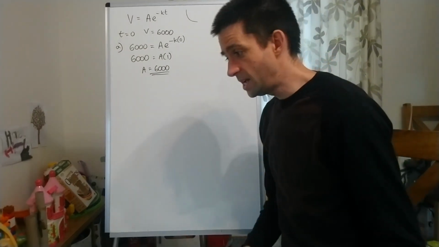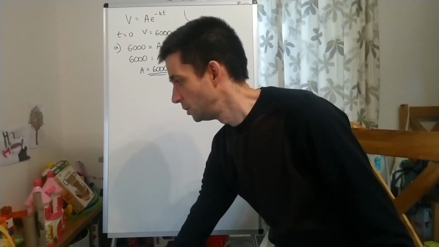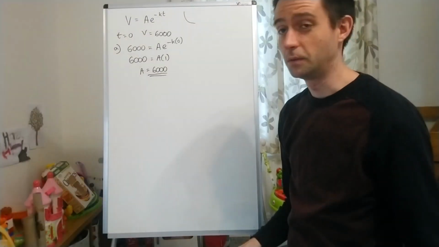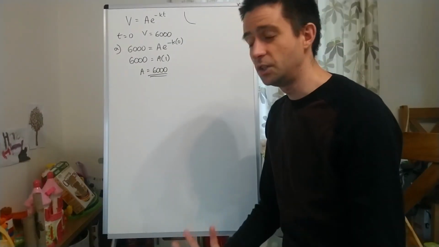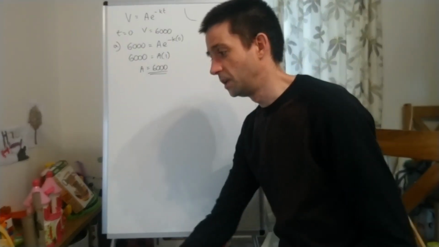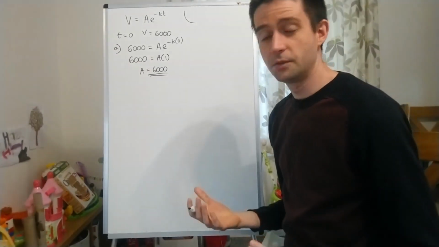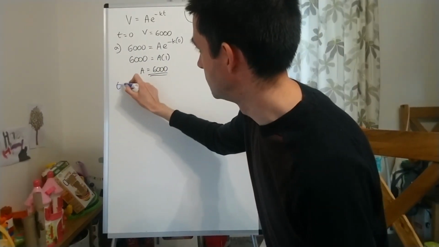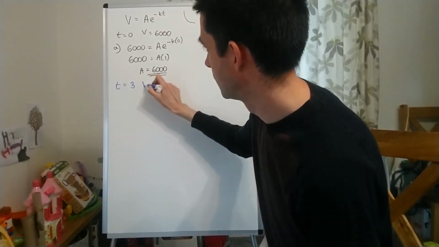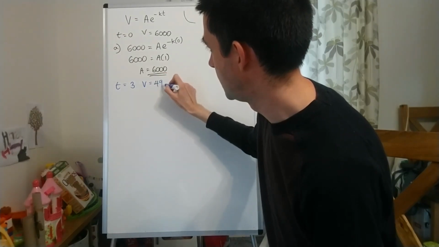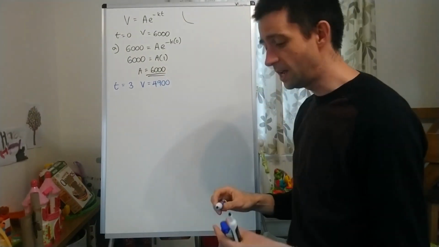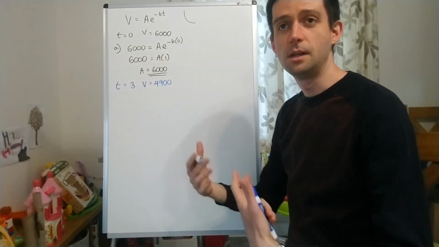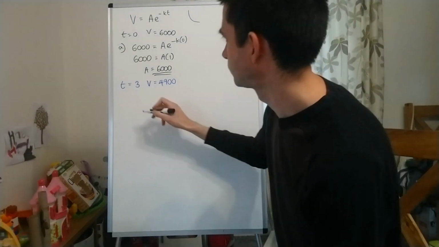Right then, part B is asking us to find the value of k, giving your answer to 3 significant figures. Now for this we're going to need to use the other bit of information we were given in the question, which is that after 3 years the value of the motorbike is 4,900. So it's giving us another value of t and another value of v, and we're going to use that to find the value of k.